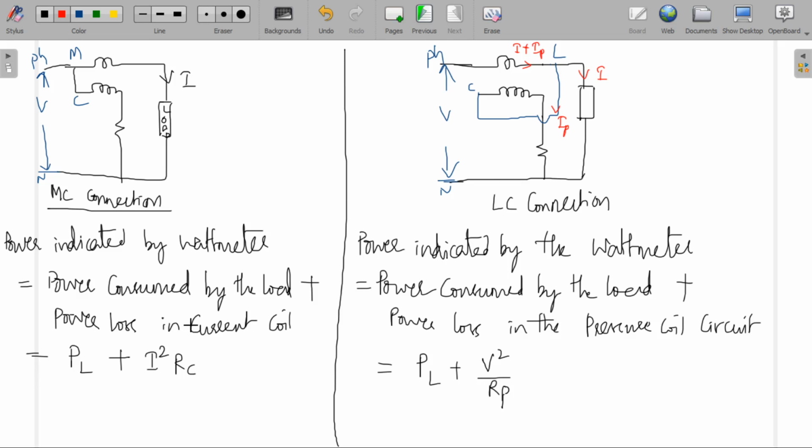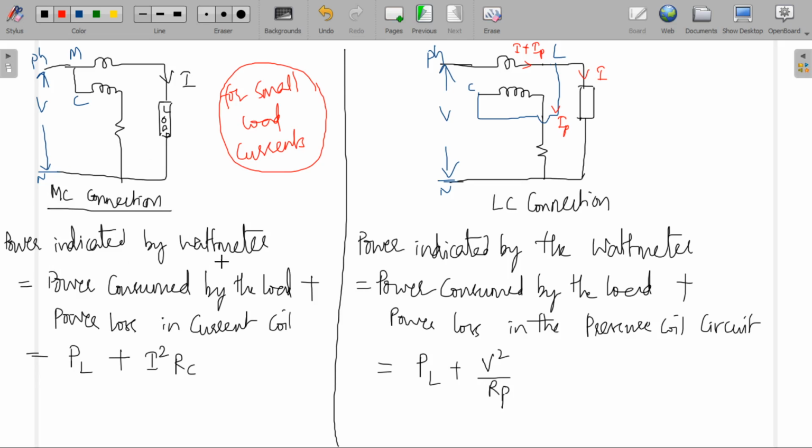So for small load currents, this power loss will be less. So this connection is preferable.